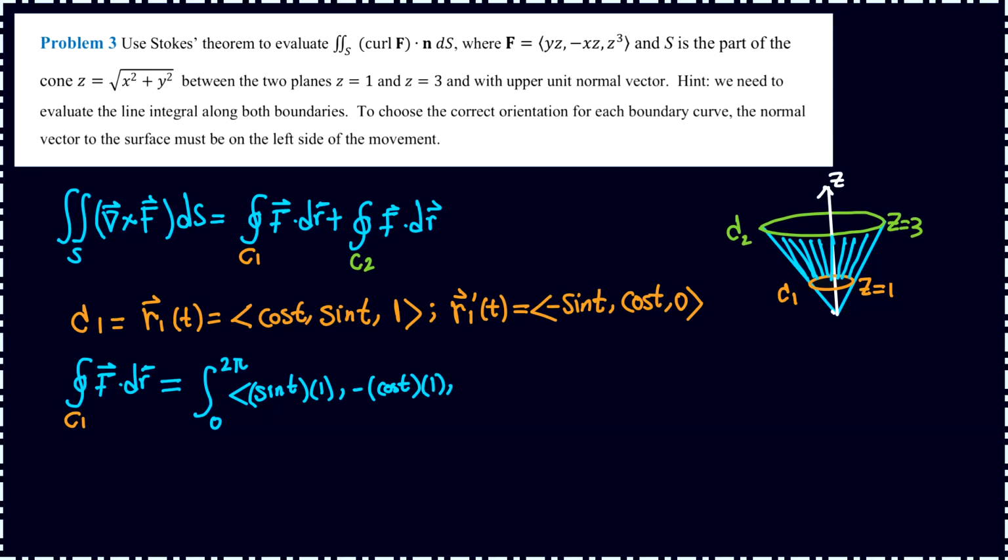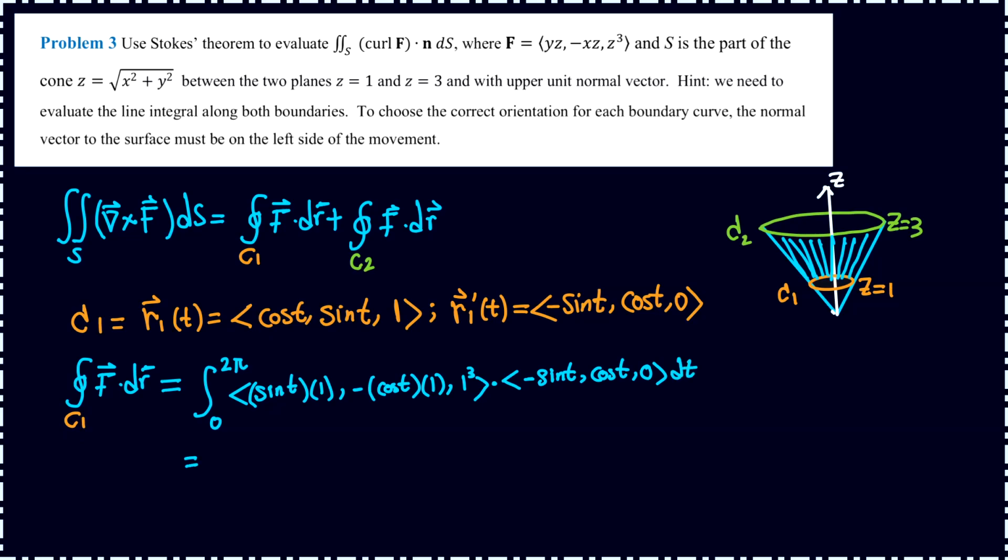And the k-hat component of the vector field is z cubed. That's just 1 cubed, or 1. And you're going to dot that with r1 prime and integrate with respect to t.